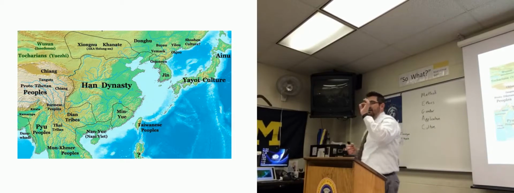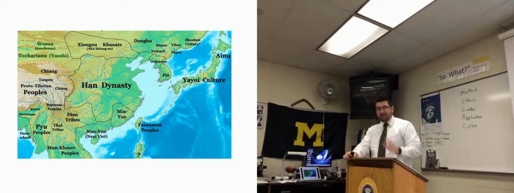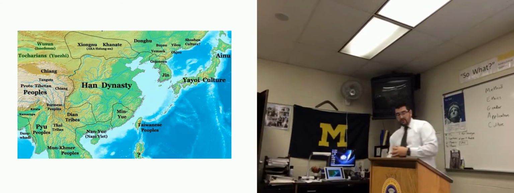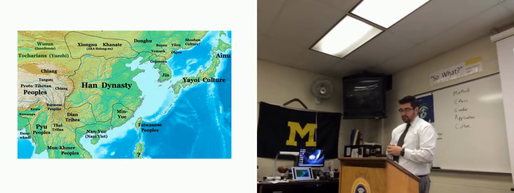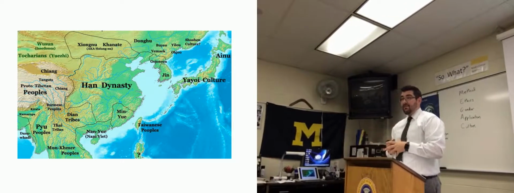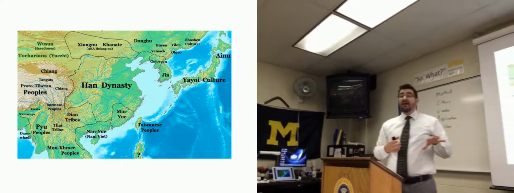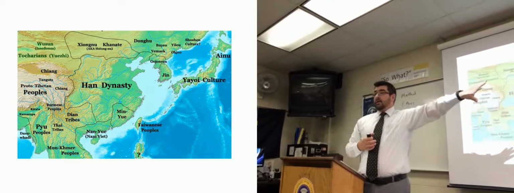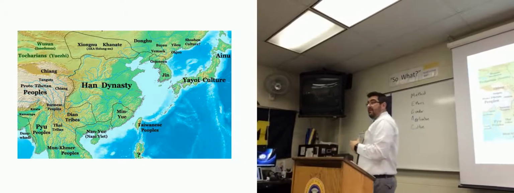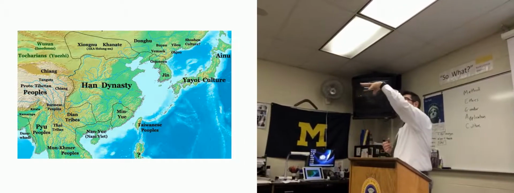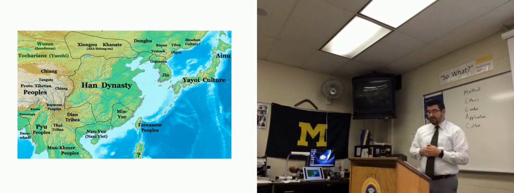One group that severely messes with the classical world are a group of people called the Huns. All right? The Huns are a Central Asian nomadic people, and there are a bunch of different groups of Huns. There are some Huns in the west that are going to be pushing into the Roman Empire. There are central Huns, also called the White Huns, that you might have read about in Stearns, that push into the Gupta Empire.